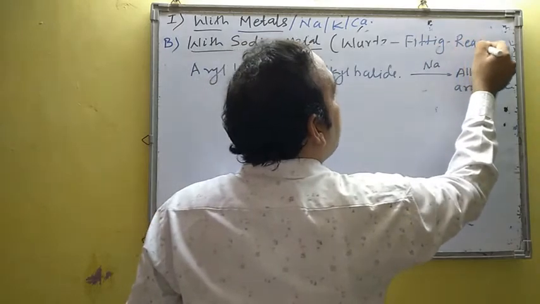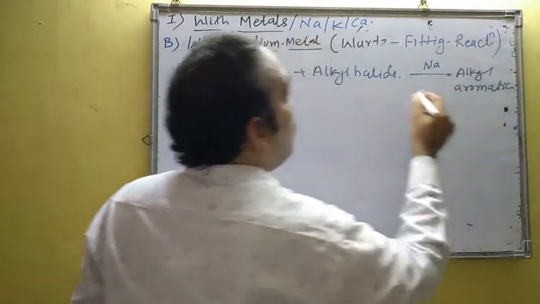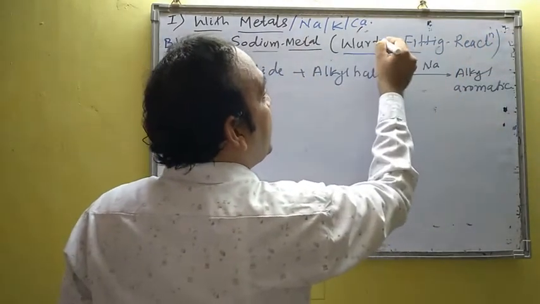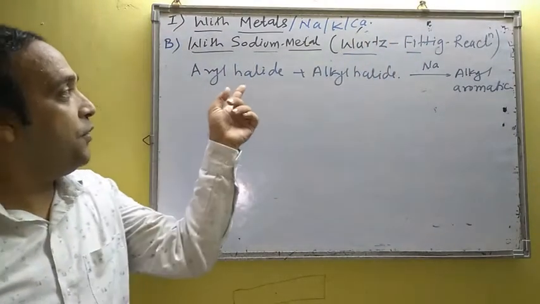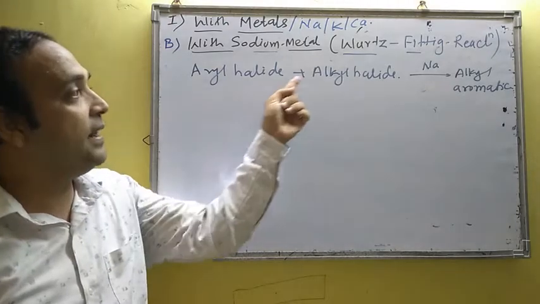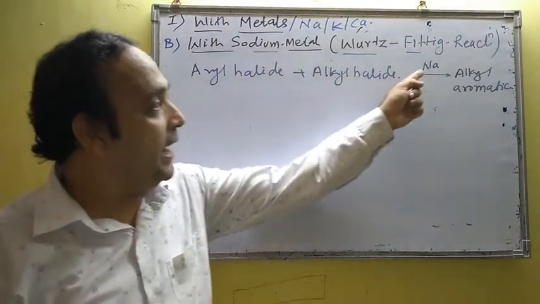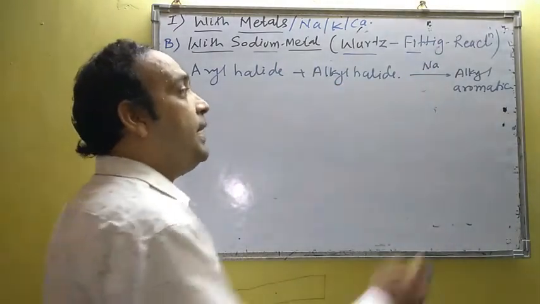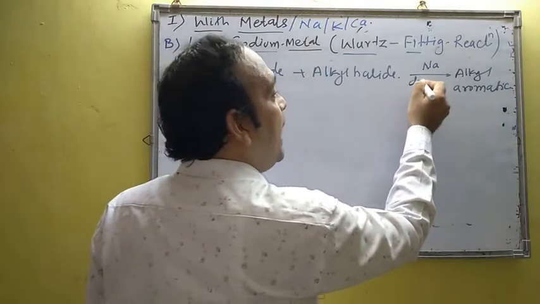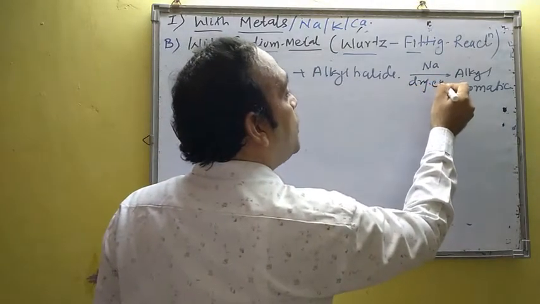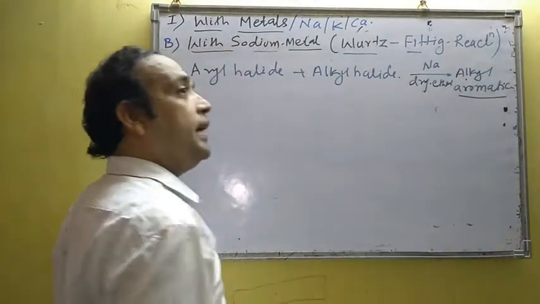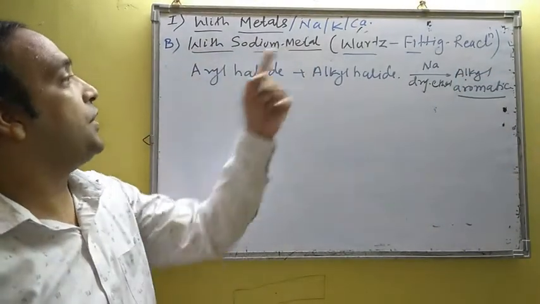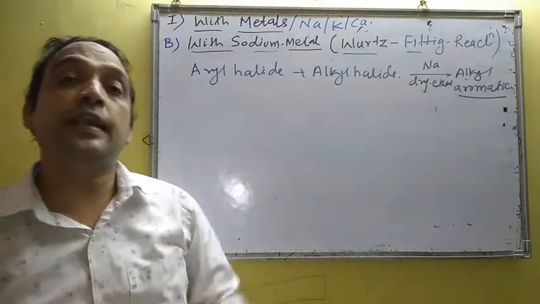This reaction is known as Wurtz-Fittig reaction. So what is your Wurtz-Fittig reaction? A reaction in which aryl halides react with alkyl halides and metallic sodium in dry ether as a solvent to form substituted alkyl aromatic compound, and this reaction is known as Wurtz-Fittig reaction.